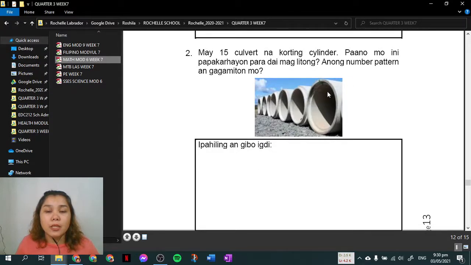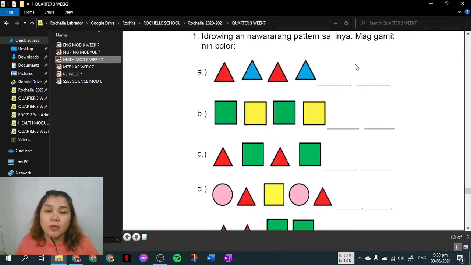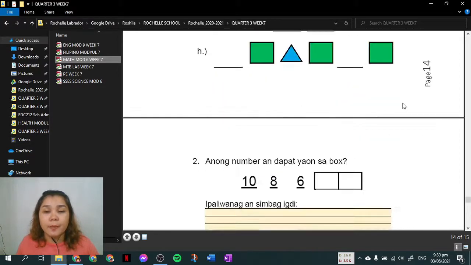So, ito, in case mahirap mag-drawing ng culvert, korteng cylinder, pwede na ring circle. Anyway, parang nakaharap. So, it would look like round circles na lang. And then, post-test. Also, please include in the pattern the correct color of the next shape or pattern shape in the series or sa pattern.